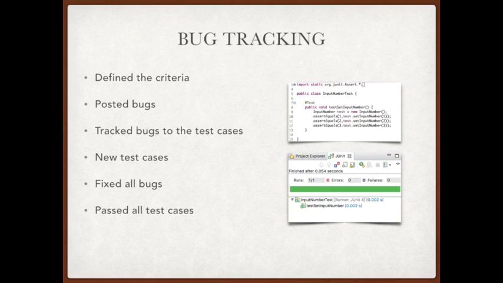The last part is bug tracking. The bug tracking criteria have been defined. If there is a bug, JUnit will display a red cross in the panel of Eclipse. Not every bug has been posted or tracked to a test case, because we cannot locate the source of every bug, such as the Wi-Fi connection module often being interrupted automatically, and we cannot find the location and the reasons for this connection bug.